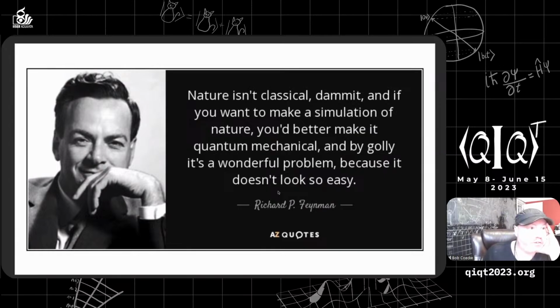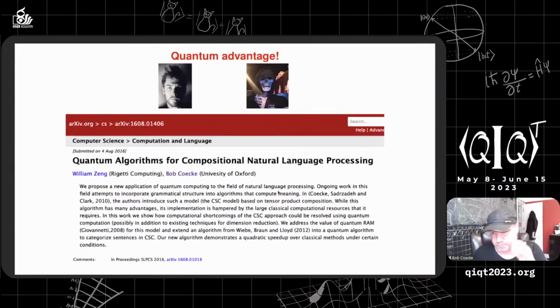Now there are quantum computers around, and in 2016, for example, Rigetti started as a company. Will Zhang, who did his PhD with me at the time, moved to Rigetti. We asked the question: suppose we put this new theory of meaning in a quantum computer, do we get any quantum advantage on top of that?